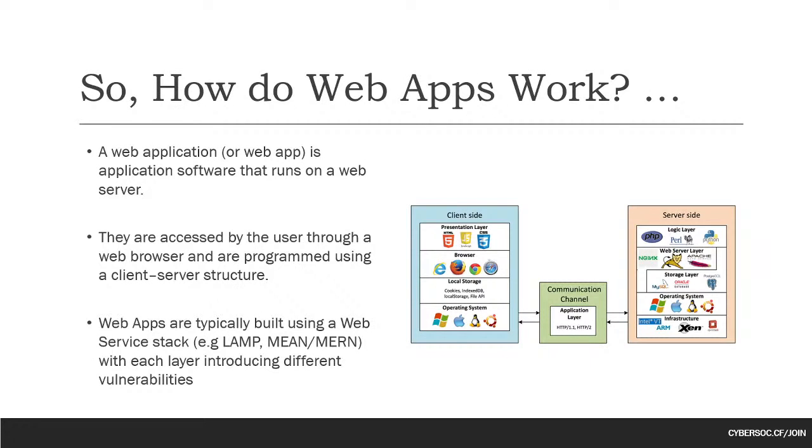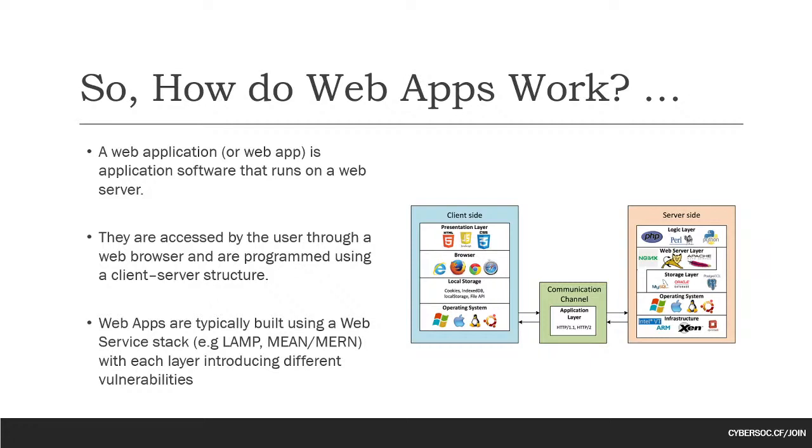So before we can start attacking a web app, we need to understand how web apps work. A web app is essentially a piece of application software that runs on a web server. You can access it through a web browser normally, and they are generally structured as client-server.